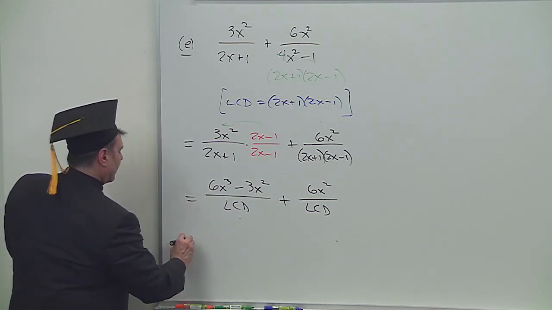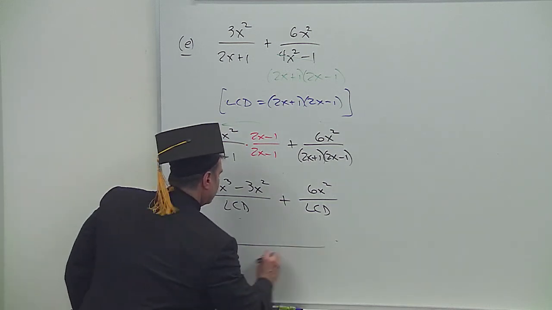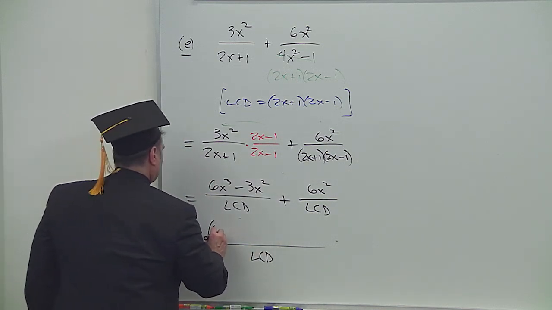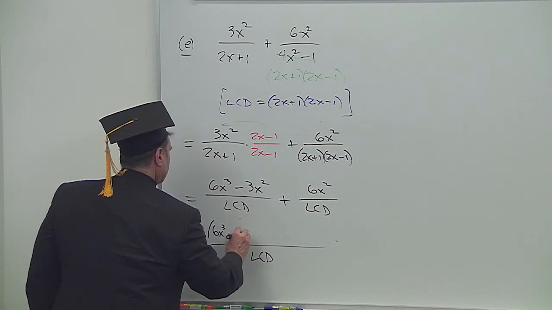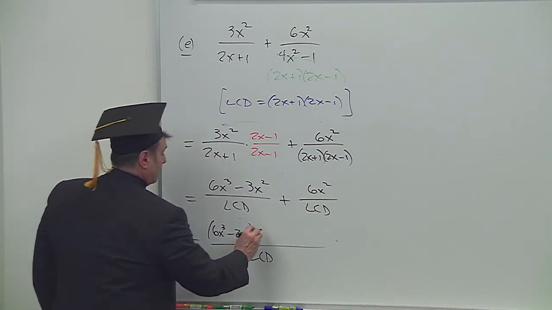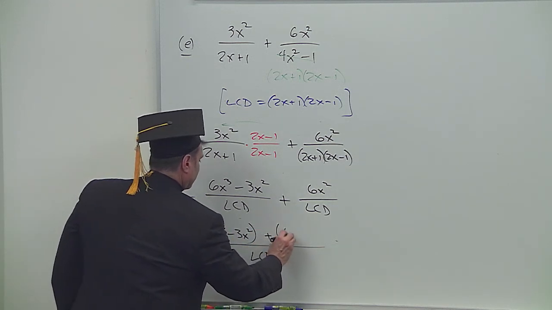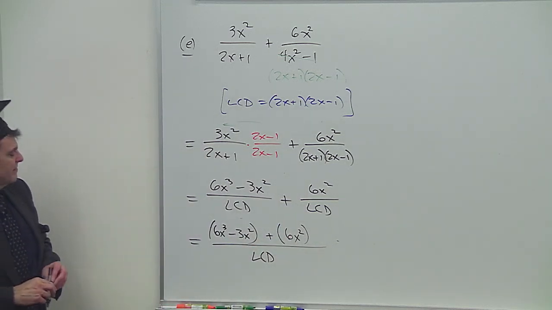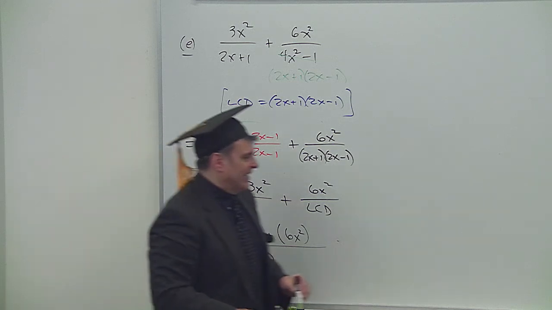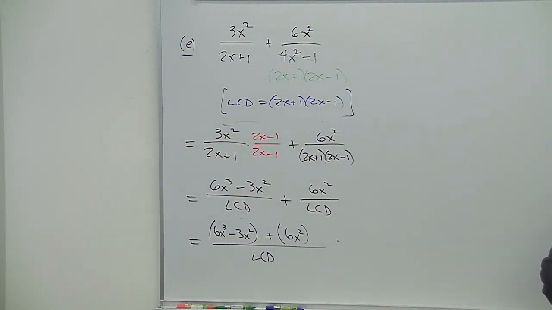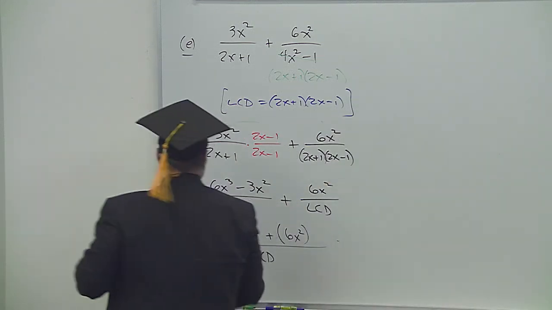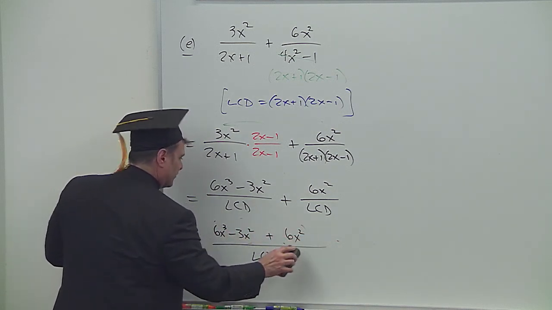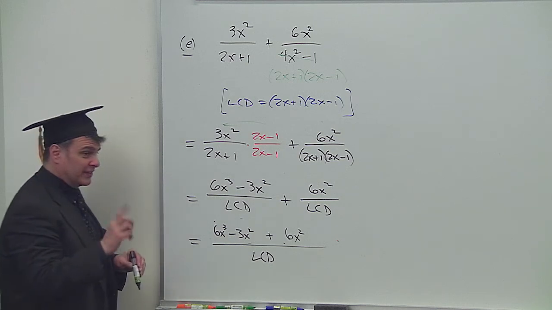And now that we have the fractions over a common denominator, we may write that as a single fraction with numerator 6x cubed minus 3x squared, in parentheses for now, plus in parentheses 6x squared. Since we are adding, those parentheses are not needed. I'm feeling lazy, so I'm simply going to erase them. I could have chosen not to write them at all, but as I said, it's a good habit to do so.